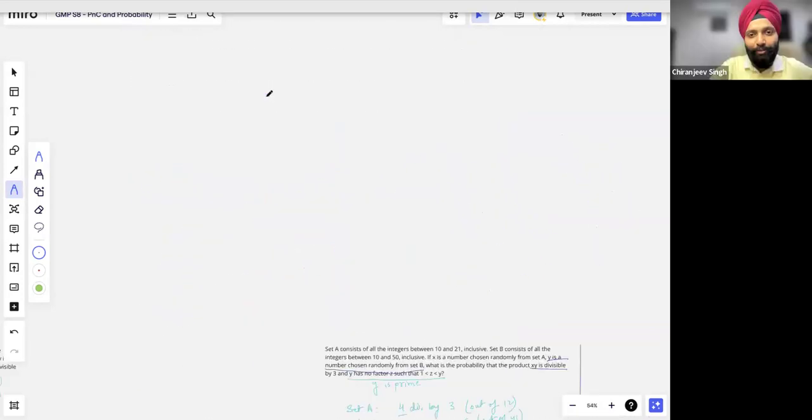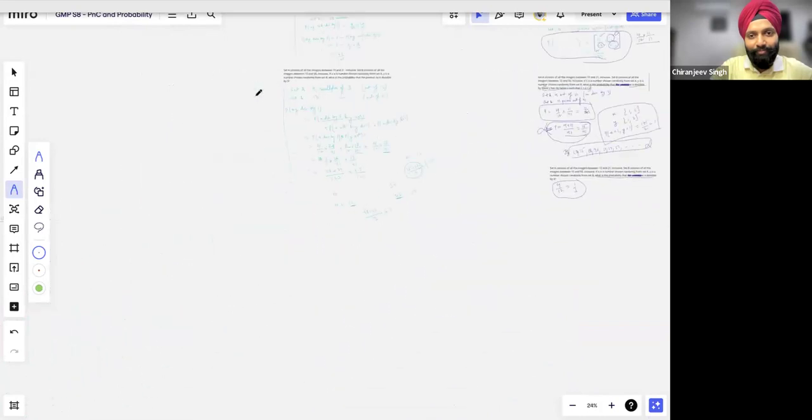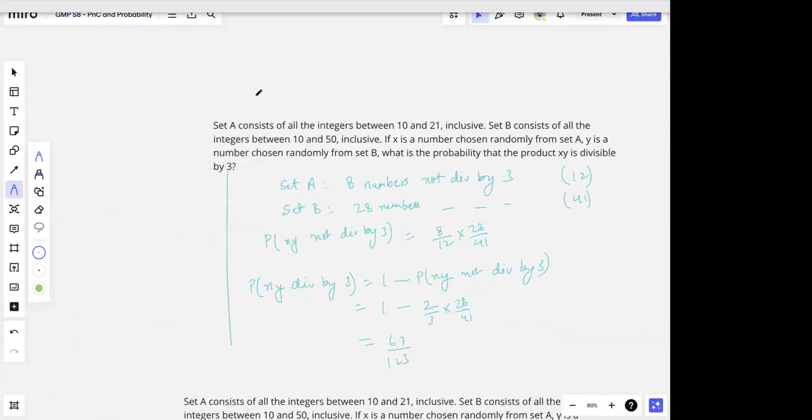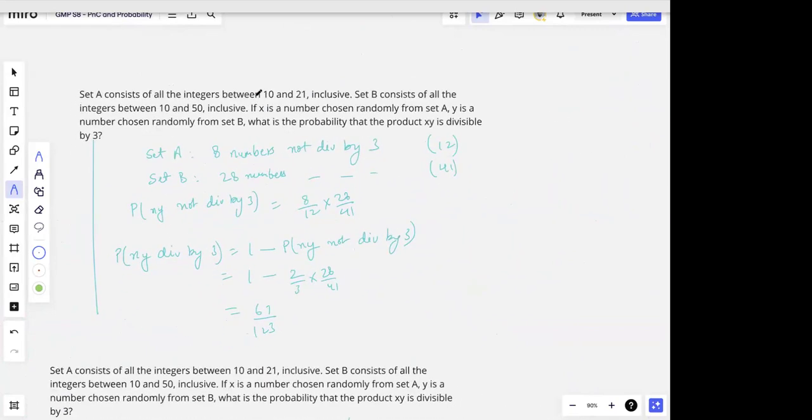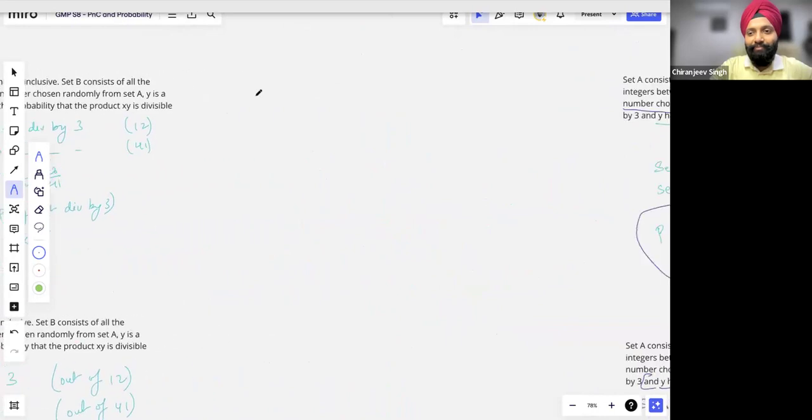Then we have already solved the question. And in this question also, if X is divisible by 3, then it's the same. Understood. Got it.